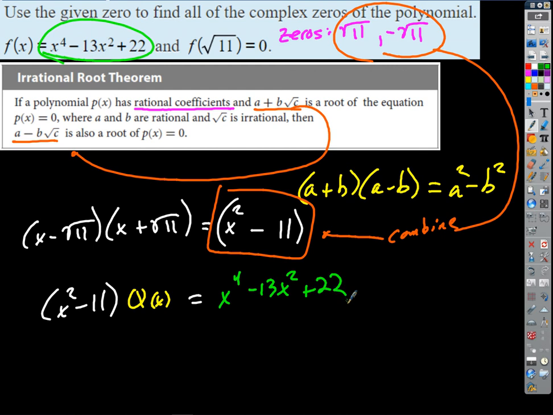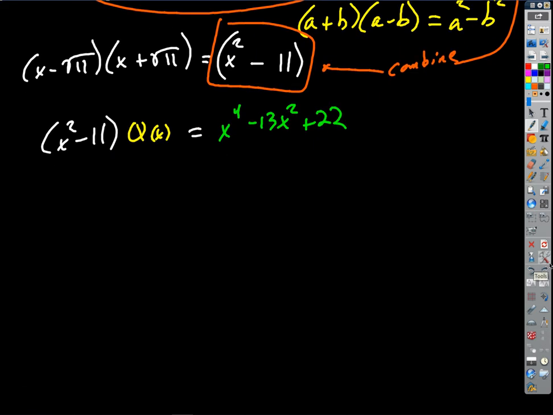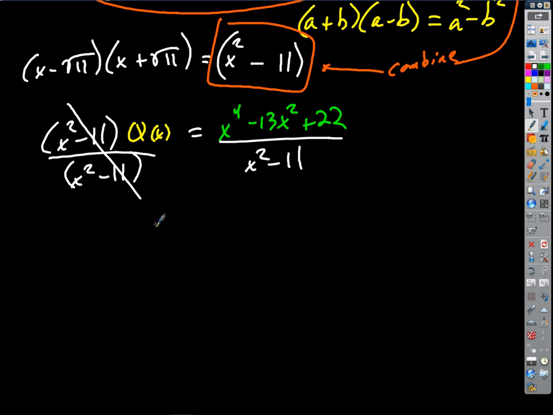So then to solve for q of x, to figure out what the other factor is so we can find its zeros, because we're just looking for the zeros, I would just divide each side through by x squared minus 11. Right? And then that's going to give me q of x. So can I use synthetic on that? No. I can't use synthetic.